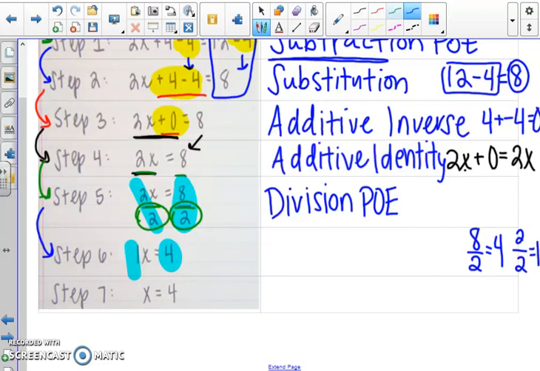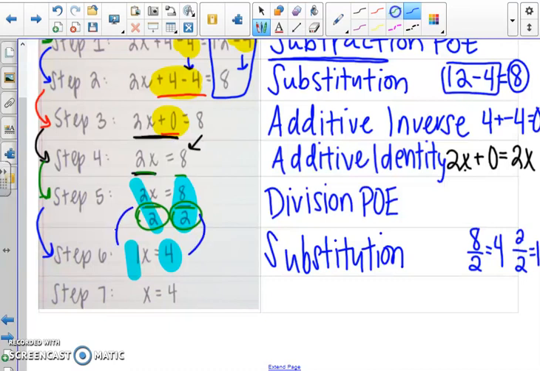So what property says we can replace an expression with a value that's equivalent to it? That's substitution. Again, we see substitution when we're just simplifying things. We're dividing, we're adding, we're subtracting, and we're not necessarily doing the same thing to both sides of the equation. We're just saying 8 divided by 2 is 4, and 2 divided by 2 is 1.